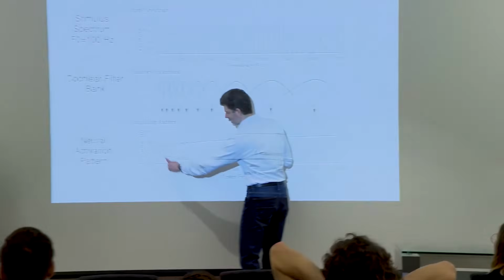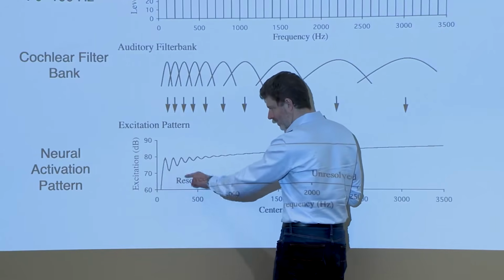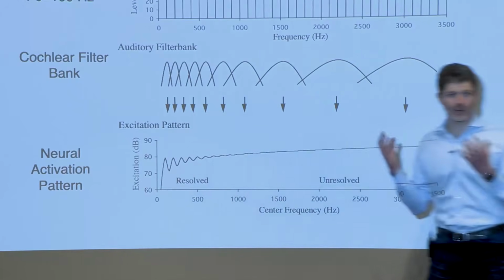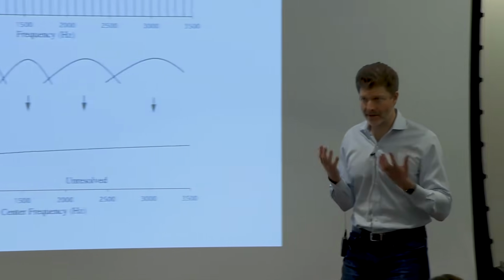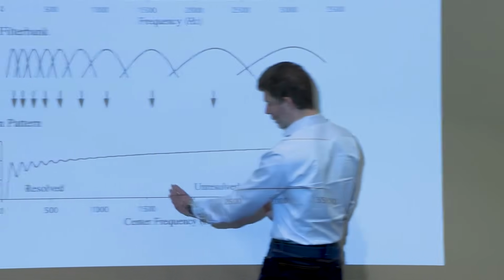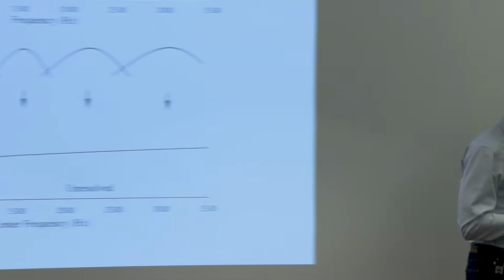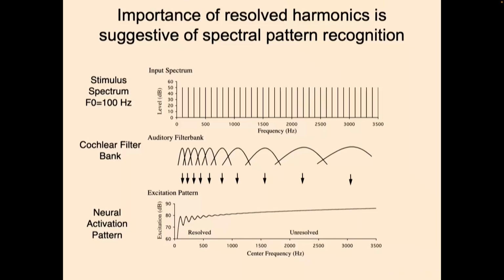So the fact that you're better when the stimulus contains these low-numbered harmonics suggests that these peaks and valleys are kind of part of what is being recognized when you're detecting the pitch, okay? And in this regime up here, where the harmonics are unresolved and all you have is that temporal response, that's where pitch perception is worse. You don't have that spectral pattern information, and so that seems to be important. Okay.